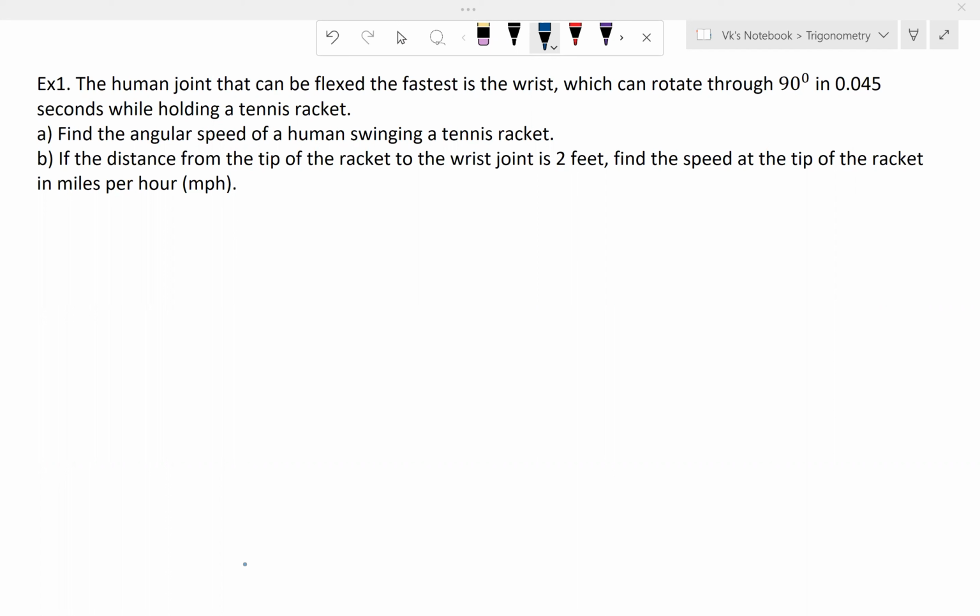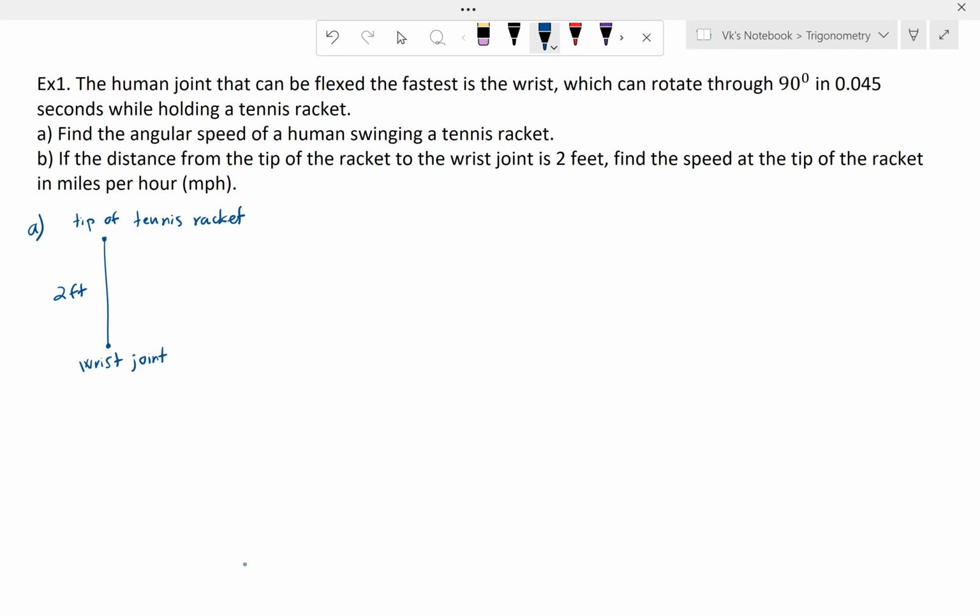Oh, interesting. Let's see how we do this. First, I would suggest to sketch out a picture. So this one would be the tip of the tennis racket, and down here we have the wrist joint. The distance there is 2 feet.